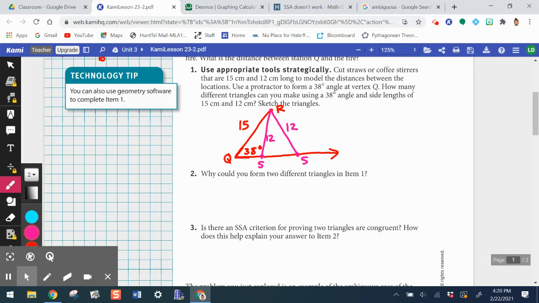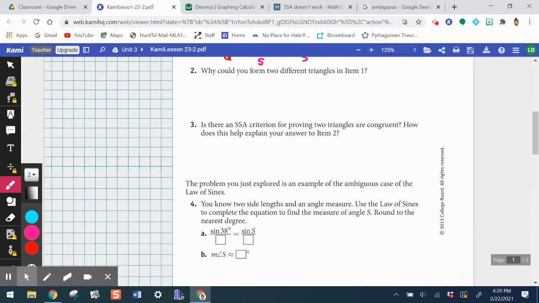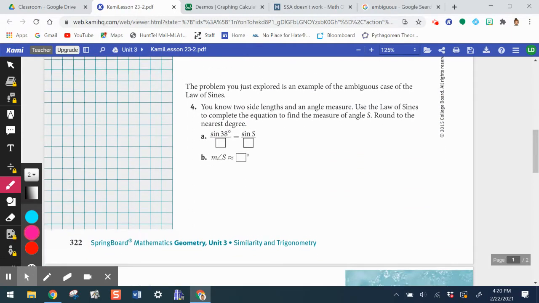Based on what we have here, we have an angle measure, its opposite side, one other side measure, and not necessarily its opposite angle. So this is when the ambiguous case occurs, because now we could have an obtuse angle opposite of that side, or we could have an acute angle opposite of that side. So we're going to explore that idea here on item 4. Let's start putting it into context.